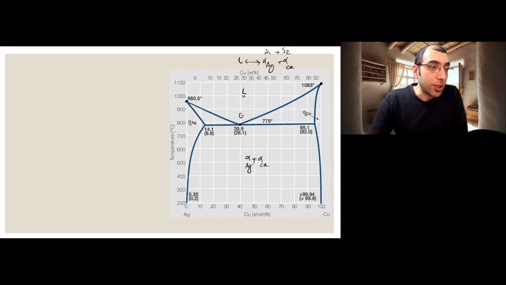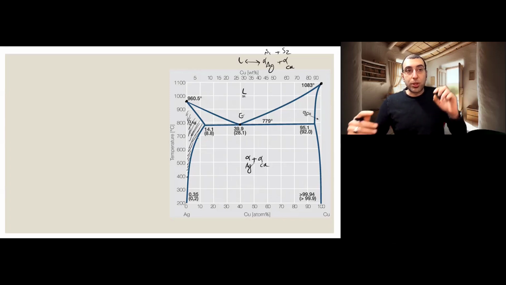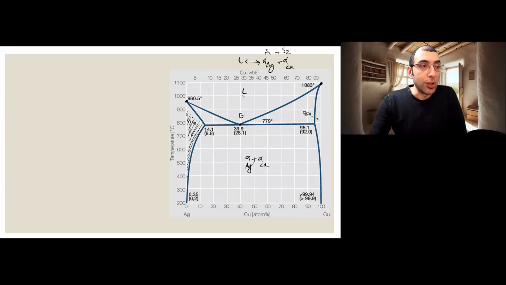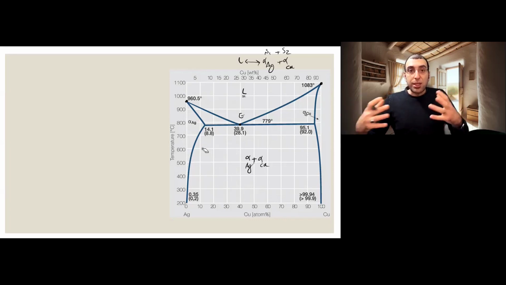So this region is telling you how much copper at which temperature you can add to your silver and still get a single phase solid solution. And a single phase solid solution in here is called alpha Ag, or alpha silver. Alpha silver is a solid solution of silver and copper in single phase.